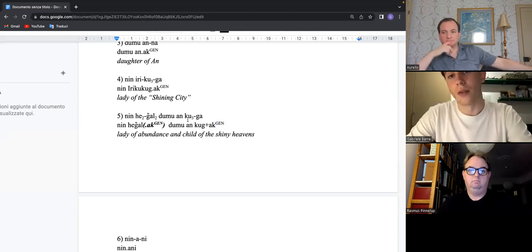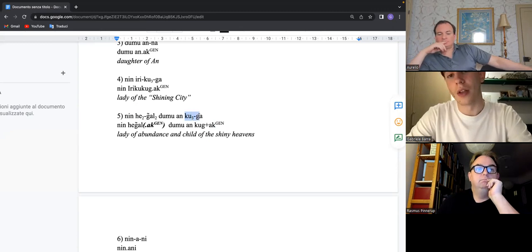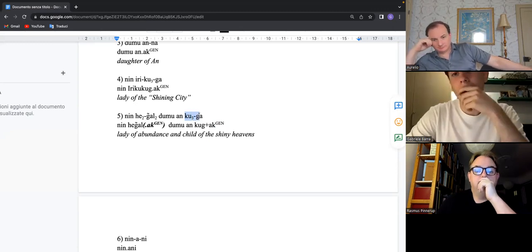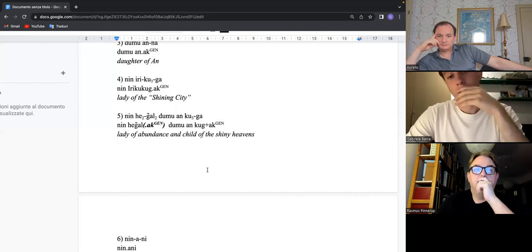So we would have ku and the g, and this would be the adjective, and then the genitive a, without the juxtaposition of the verbal chain element, because this wouldn't be a verb. So this is one of the big changes, but we'll be talking more about adjectives.